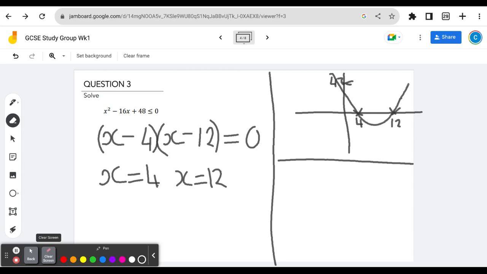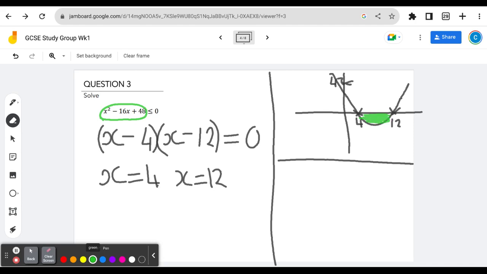Now, this question is asking me what values of x make this expression have a negative output. What values of x make this expression come out as negative? And you can see that these are the y numbers that come out as negative y numbers.